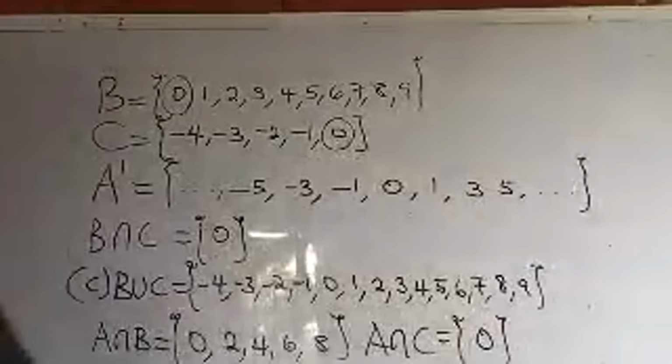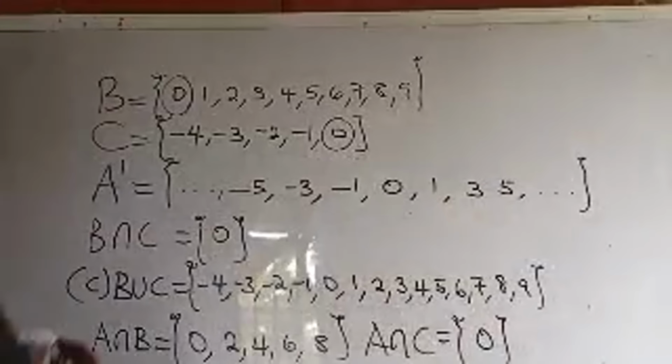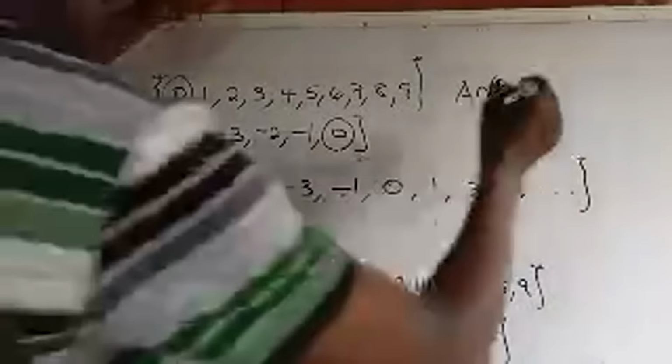So what is the last question that we were not able to write? We are asked to show that A intersection B union C is equal to A intersection B union A intersection C. That is what we are asked to show.